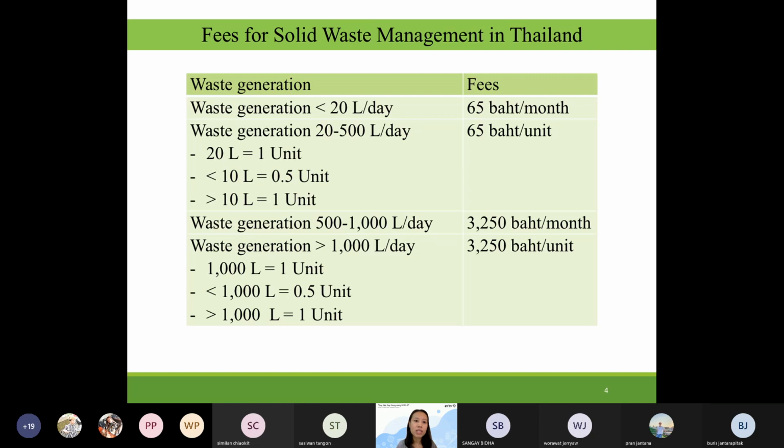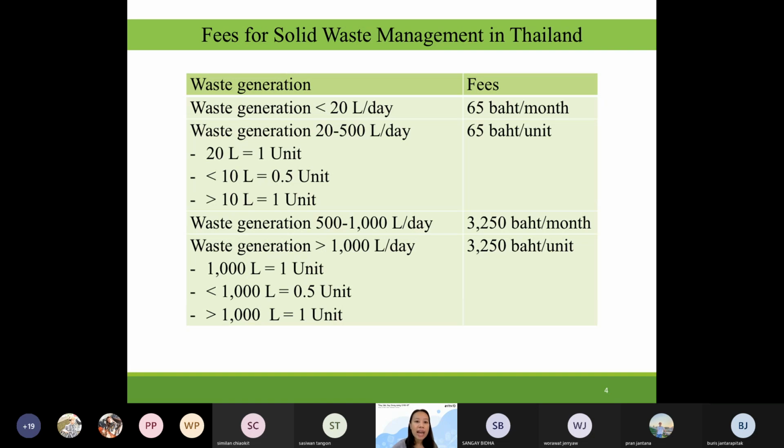That's why they don't concern themselves with reduce, reuse, and recycle or separation, because they pay only the charge for the collection system. But there are also other rates if you produce from 20 liters to 500 liters per day. They calculate in terms of units.